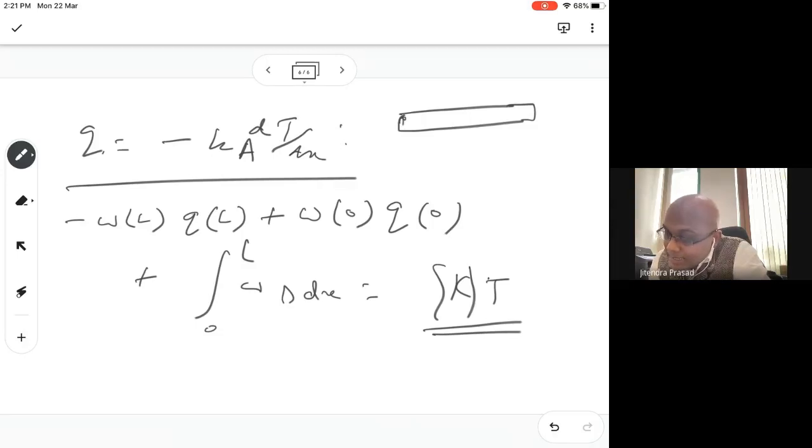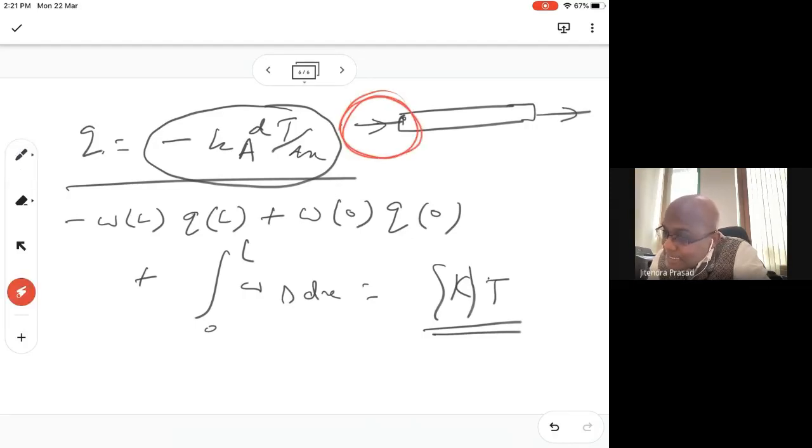So we get this one, and you can draw it simply like this. This one you are writing as a positive value.